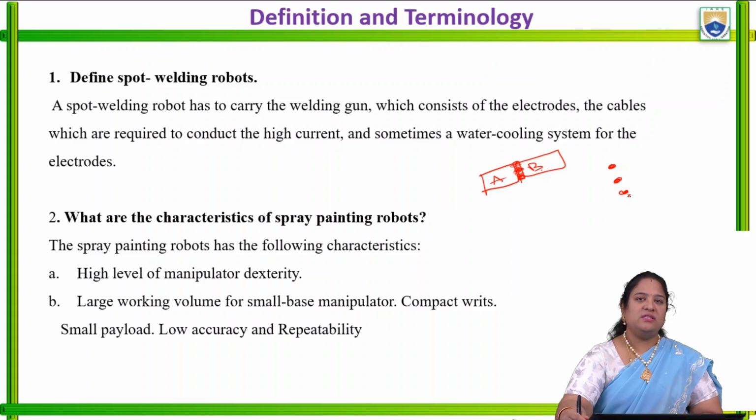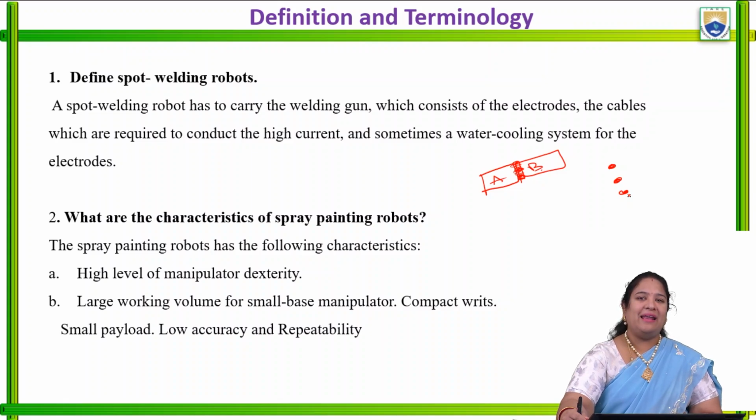That is known as the spot welding robot, where the robot carries a welding gun which consists of an electrode and a cable with a high current, and wherever welding is required, the spot weld is made, with the water cooling system used for cooling the electrode.